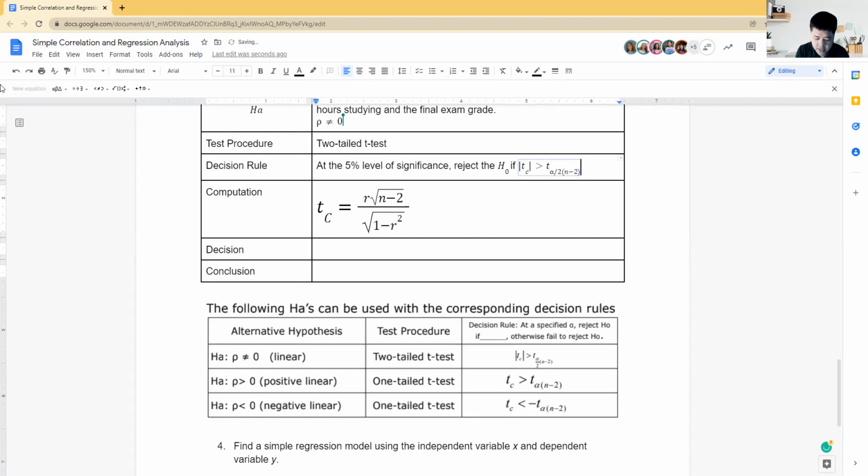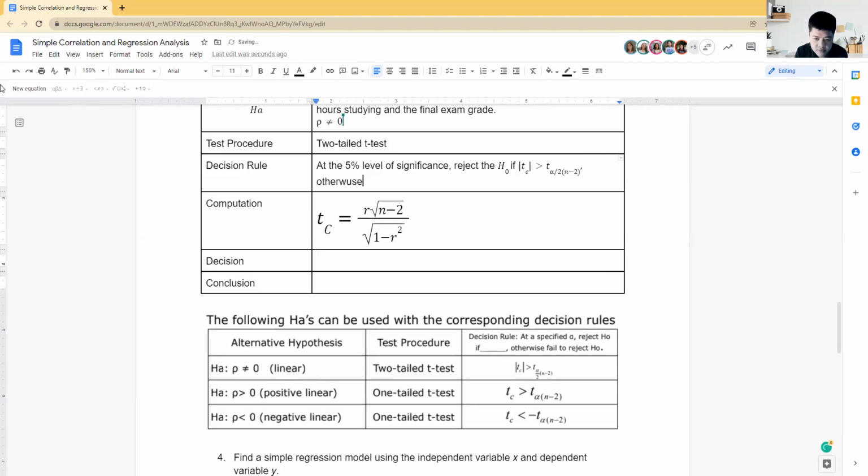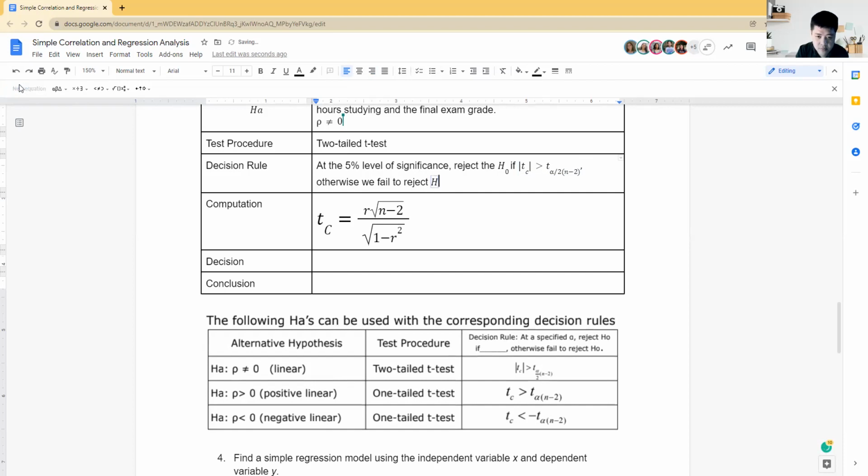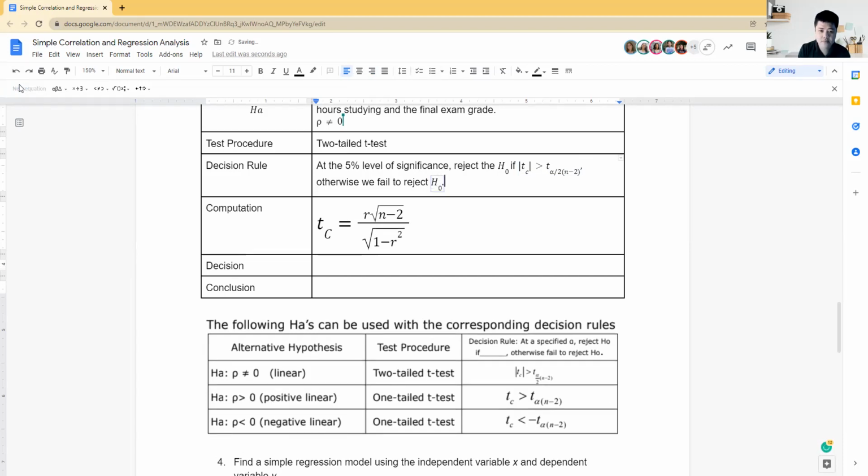And then otherwise, we fail to reject H sub 0. Questions?